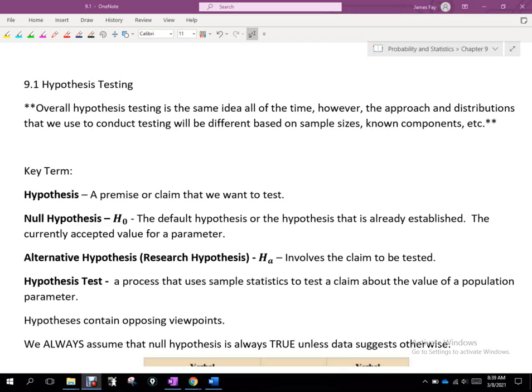Or we can look at it as P&G says that there is 64 ounces in there, and I believe that it's different, so we're going to test that argument. Does that make sense?